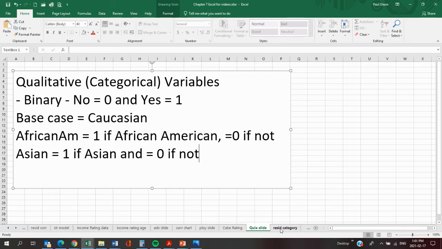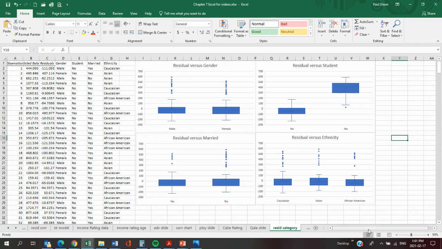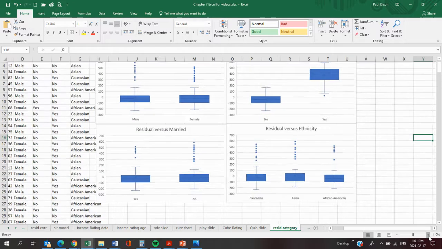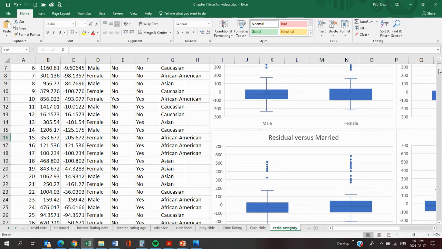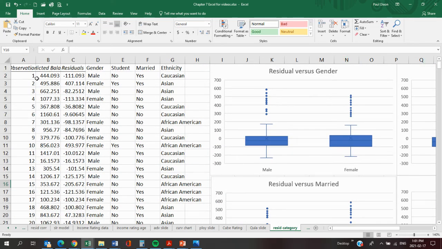So what I've done is, before you see my pictures, oops, there are my pictures. Look and see what I did here. I took each of the observations, I got my residuals, that's the important thing, and then I just grabbed these other variables I had of gender, student, married, ethnicity.